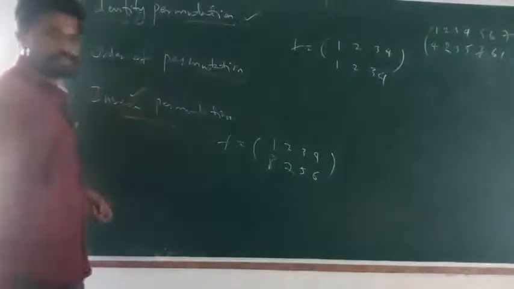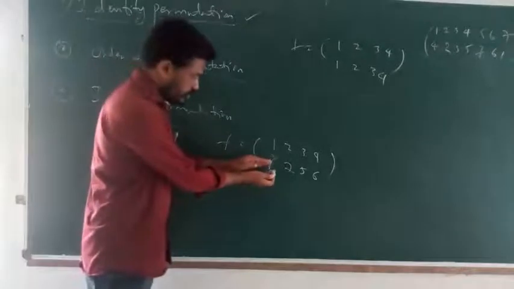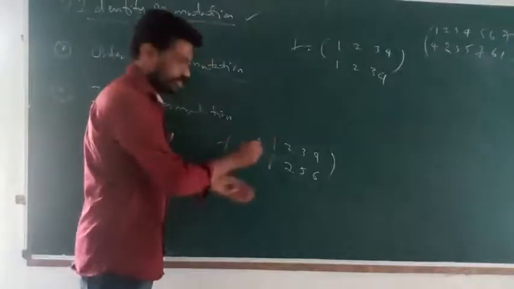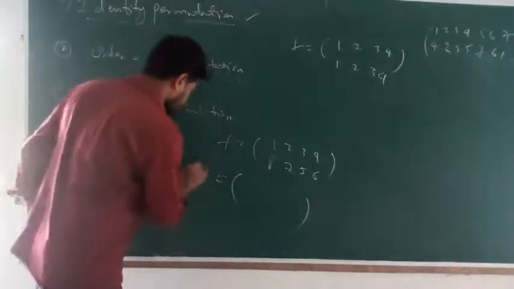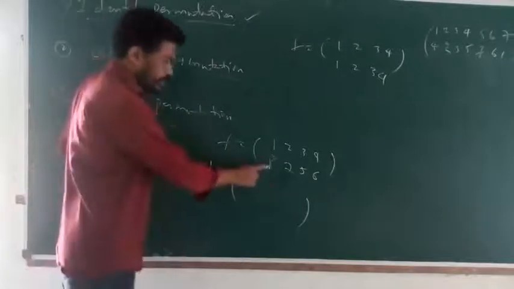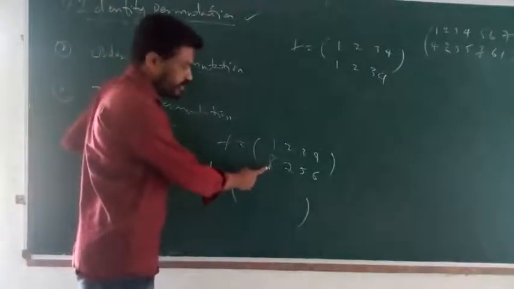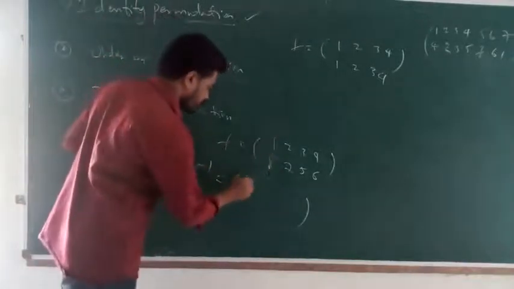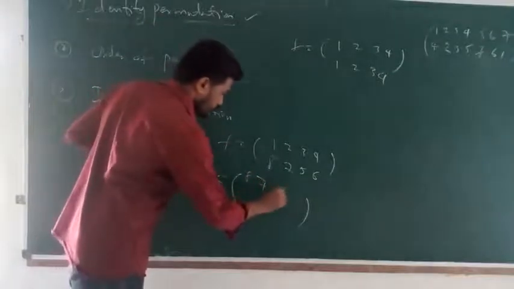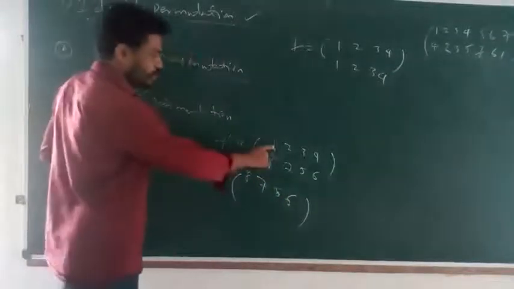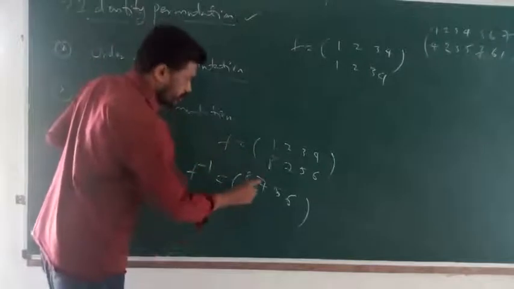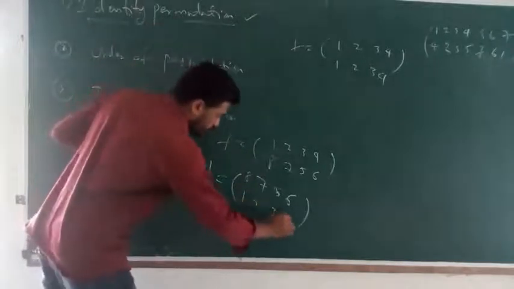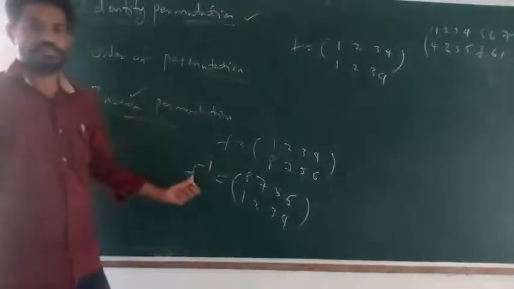What does inverse permutation mean? We change the row elements. So this is F inverse. The second row 8, 7, 5, 6 becomes the first row, and the first row 1, 2, 3, 4 is written downside. So this is called an inverse permutation.